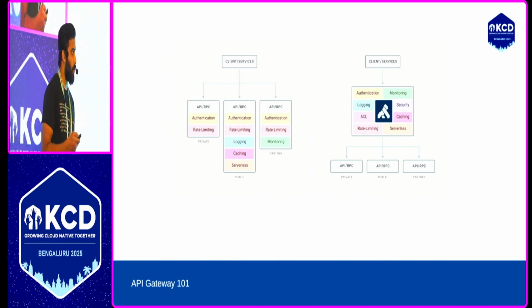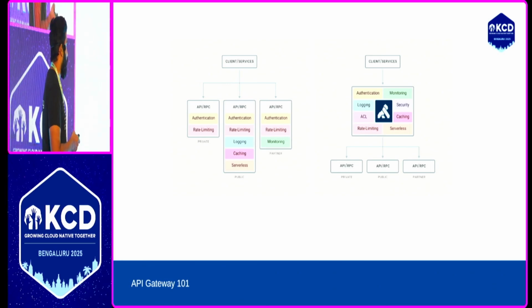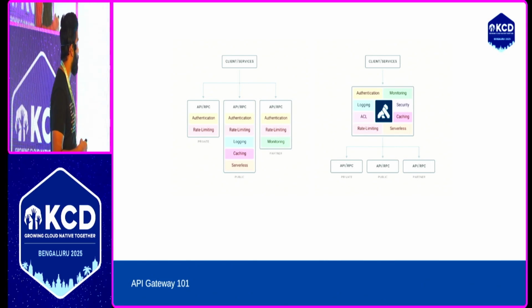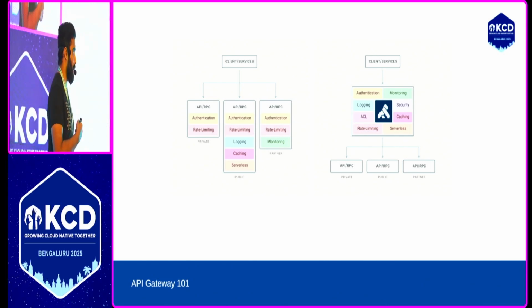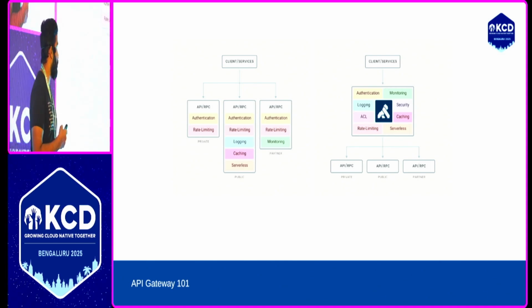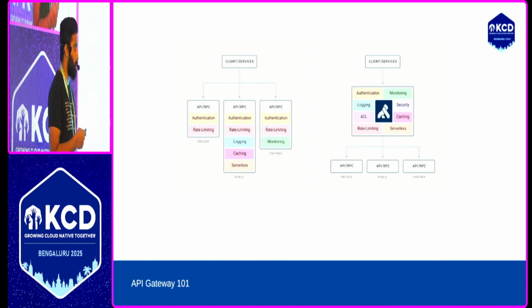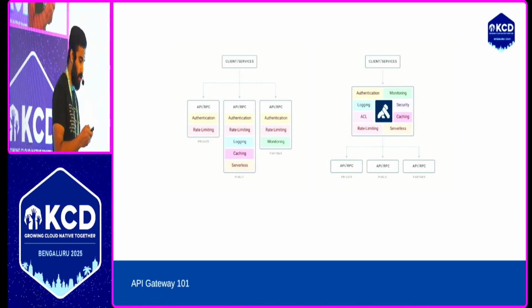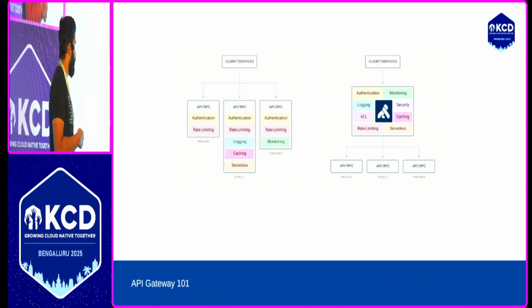Some of these cross-cutting concerns that are common across all applications can be offloaded to a layer before the application, which is where the API gateway comes into the picture. It takes care of authentication, traffic control with rate limiting, or even caching, and also provides the monitoring or observability for the application. So some of these shared concerns can be offloaded to an API gateway, which sits in front of an application and handles all of this.